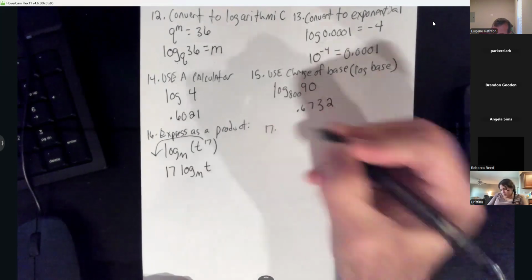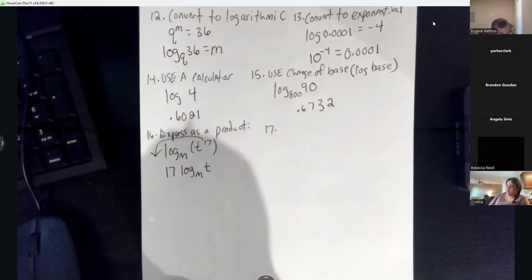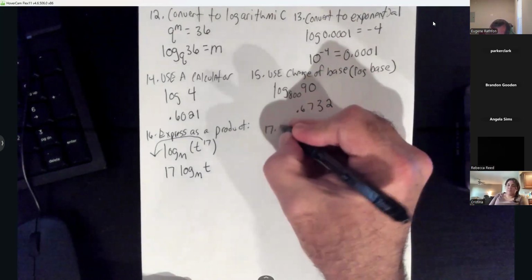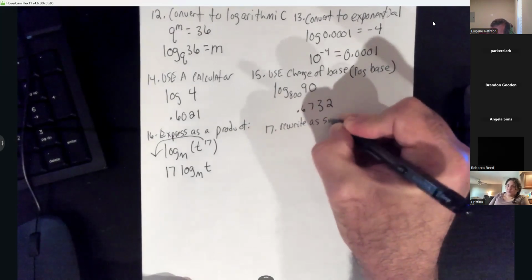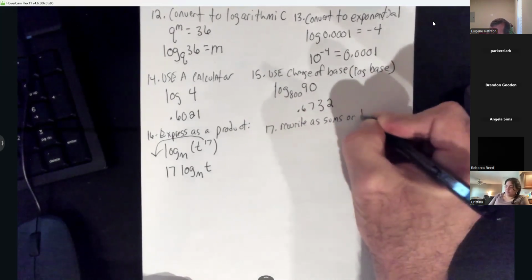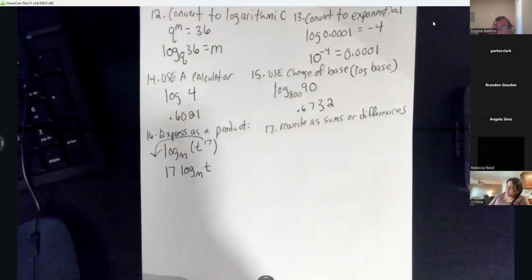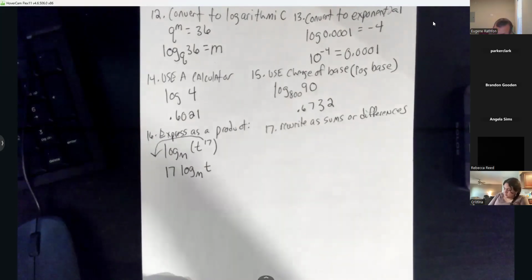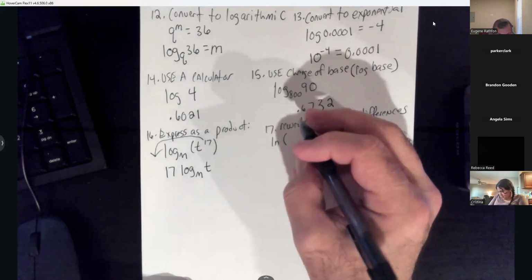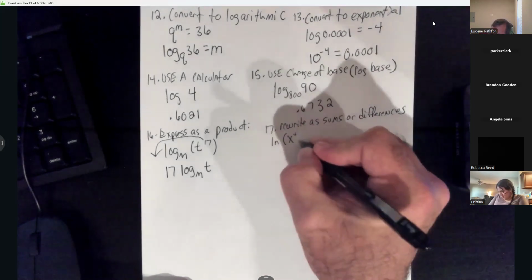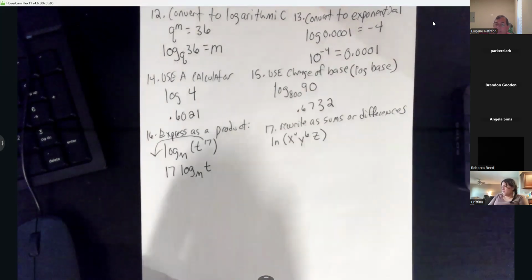Now 17 is a little more detailed. On 17 they want to rewrite as sums or differences. All right, on 17, I got an ln of x to the fourth, y to the sixth times a z.